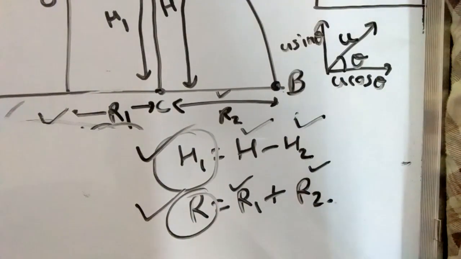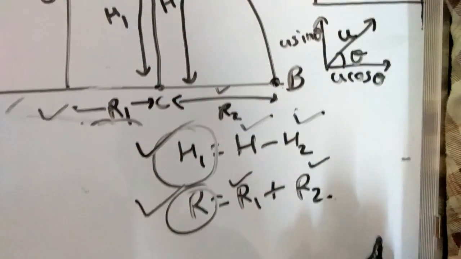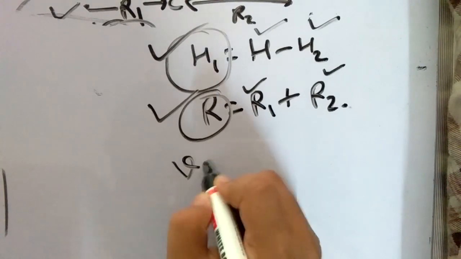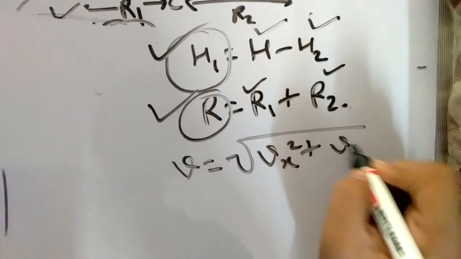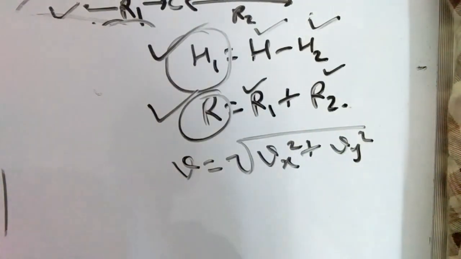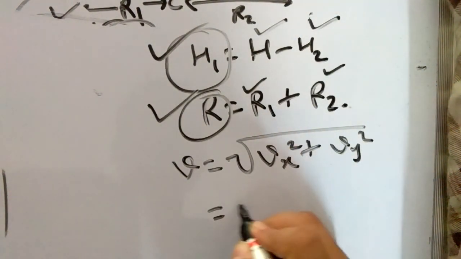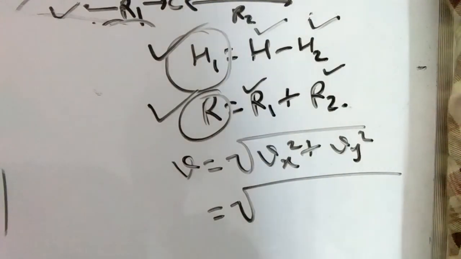Now the last question is, what is the velocity at point B? So I will write velocity equal to square root of vx square plus vy square, right? Then I will write equal to under root. What is vx? Final velocity in the x direction.